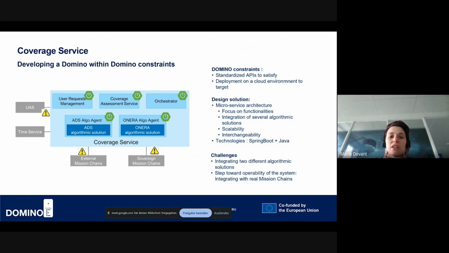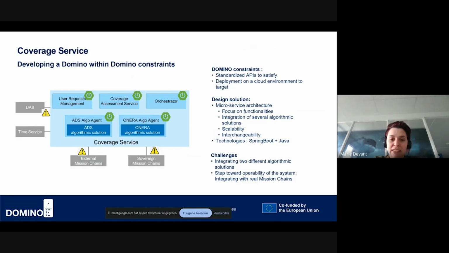Another constraint was the deployment on a cloud environment. So we decided to build the cover service on a microservices architecture. Each service is inside Docker images that can be deployed either on our internal platform or on a cloud platform.